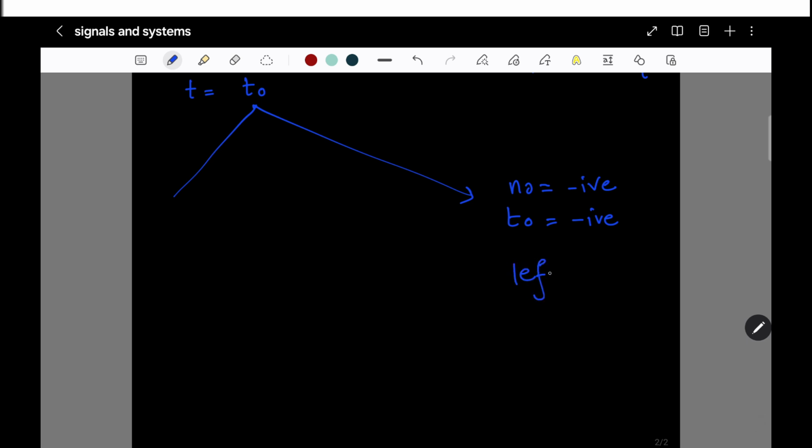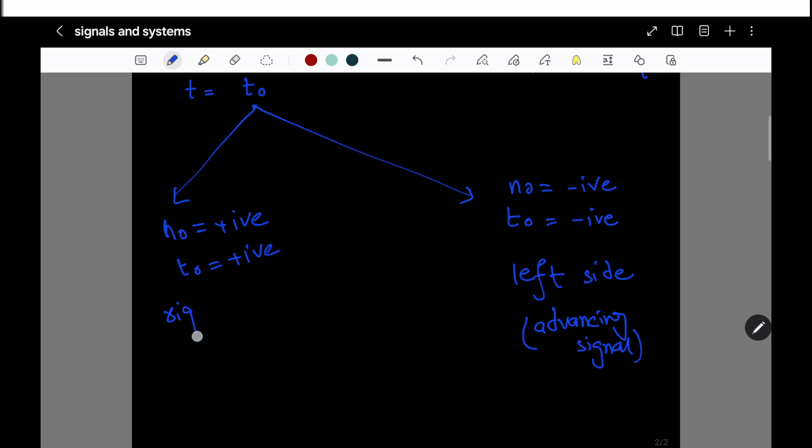If it is negative, then you have to move the signal to the left side, which means that you are advancing the signal. If t0 is positive, then you shift the signal to the right side, which means that the signal is now delayed.